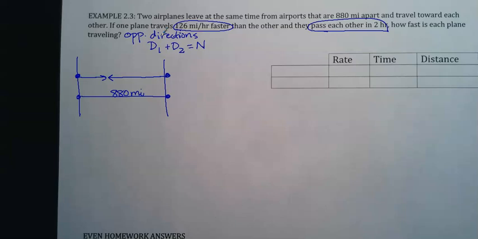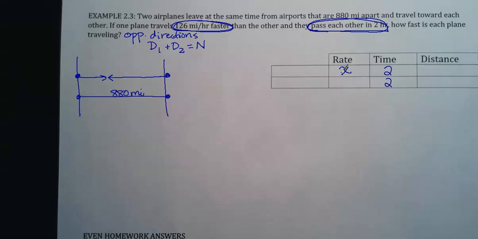Okay, so we've got they pass each other in 2 hours, maybe you're thinking about. So that's the time, right? They've been in flight for 2 hours. Awesome. So that is one thing that we know. How about our rate? We know that one plane travels 126 miles per hour faster than the other. Well, we don't know the rate of the other plane. So that rate would be just x.